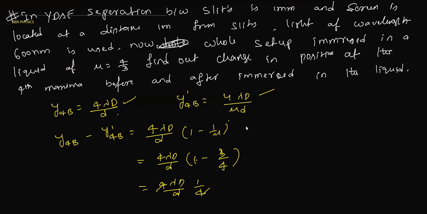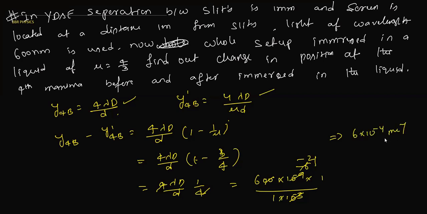If you substitute all those values, that equals 600 into 10 raised to minus 9, nanometers meaning into 1 meter, divided by 1 millimeter meaning 10 raised to minus 3. 10 raised to minus 9 and 10 raised to minus 3 give 10 raised to minus 6. Here 2 zeros, here 2 zeros will get cancelled. 10 raised to minus 4 will remain. Therefore, the shift is 6 into 10 raised to minus 4 meters.